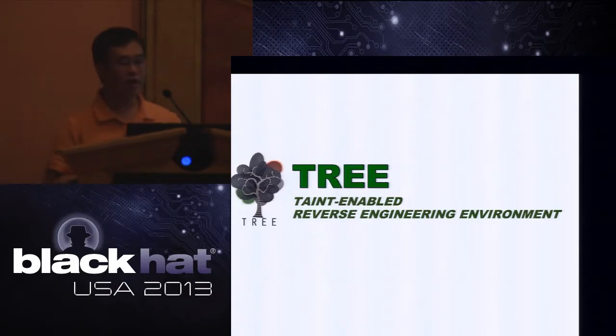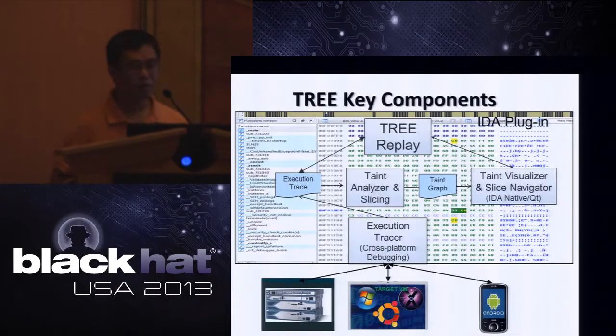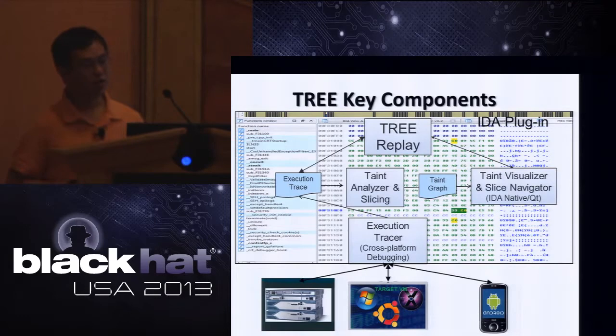So next we're going to use a tree to explain how we supported that in IDA. As I mentioned, it is an IDA plugin. It has three main components. The execution tracer is responsible for getting a trace from different targets.